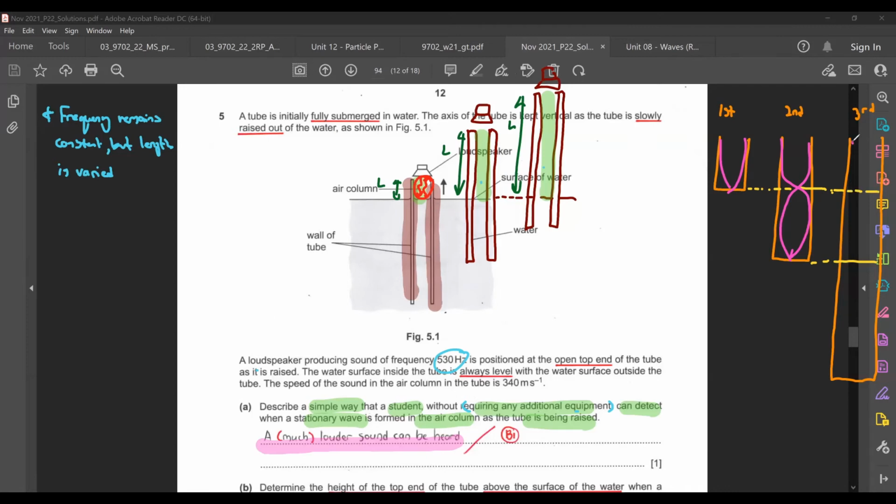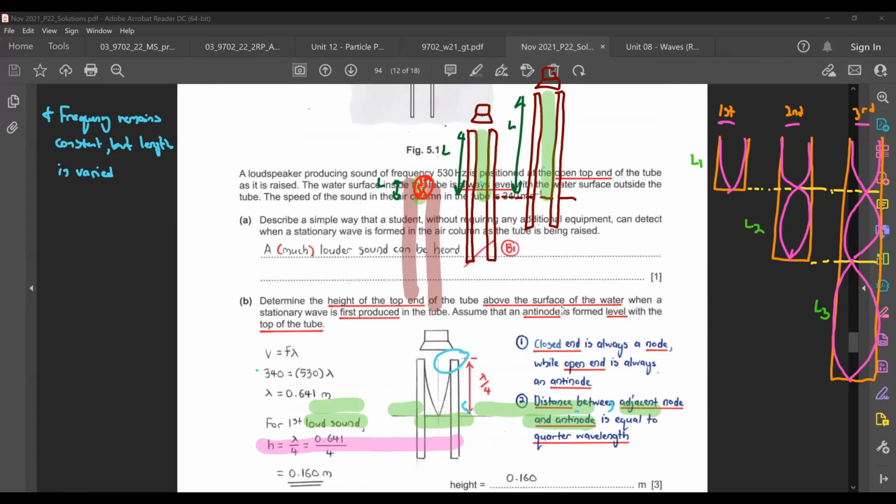You get something like this. All right, this is your first, second, and third stationary wave. As you go and increase the length, it could be that this one is L1, L2, L3. So just bear this in mind first.